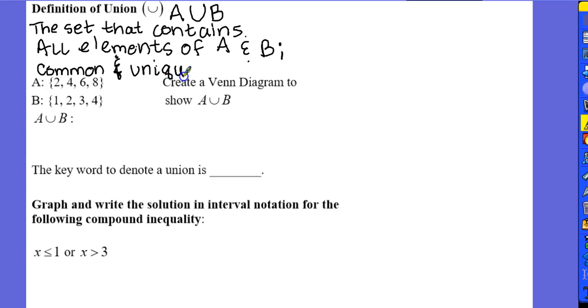What they have in common and the things they don't have in common. This is a union.